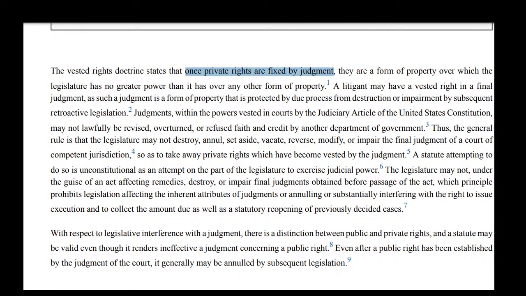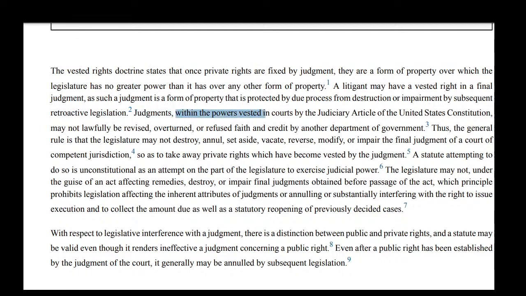Fixed by a judgment, they become property, and the legislator has no greater power than it has over any other form of property. A litigant may have a vested right in a final judgment, such as a judgment in the form of property that is protected by due process from destruction or impairment by subsequent retroactive legislation.